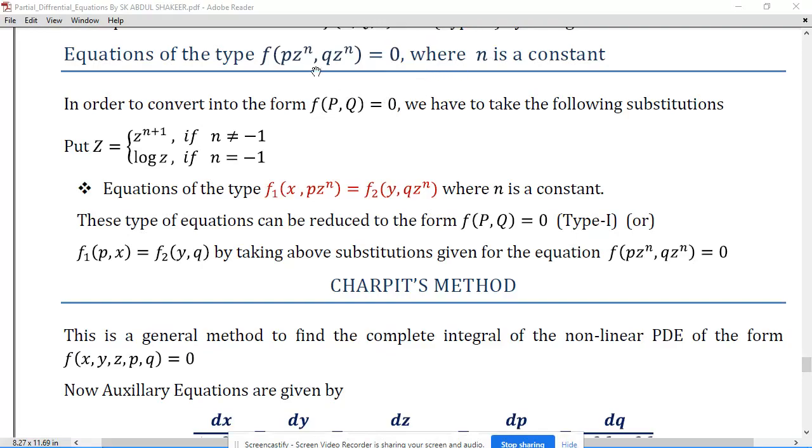Once again, if the given equation looks like this, then this will be transformed to the standard form f of p, q equal to 0 or f1 of p, x is equal to f2 of y, q. This will be done by the substitution of z as z^(n+1) whenever n is not equal to minus 1 and log z whenever n equal to minus 1. Then while using these substitutions, the equation becomes either type 1 or type 3.